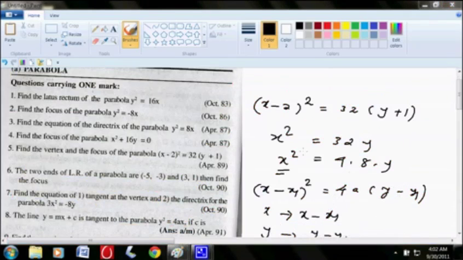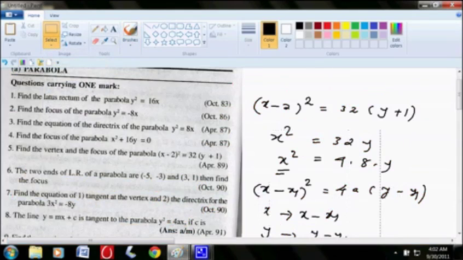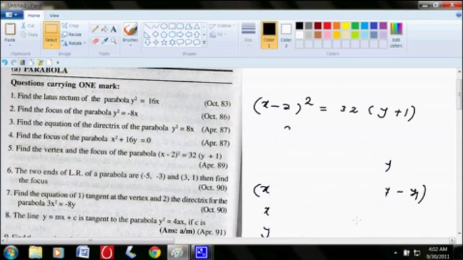So in this case, I'm finding that this is y plus 1.